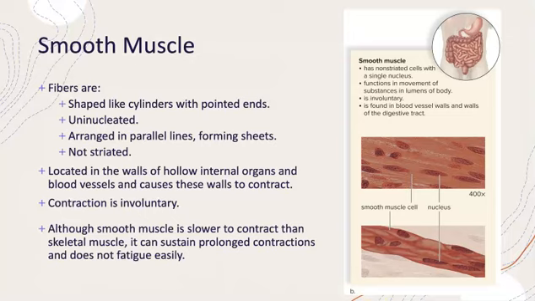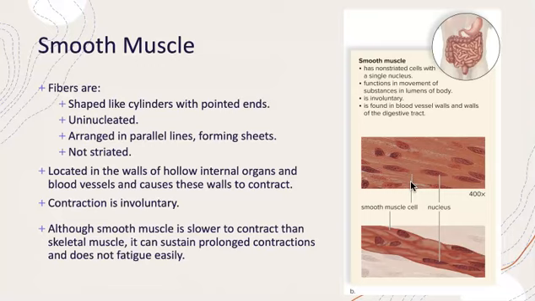These cells are uninucleated, meaning that we only have one nucleus per cell, and we see them in parallel lines that form sheets. We don't see striations here, and that is because we are not going to have the same exact arrangement of proteins here as we did with our skeletal muscle.